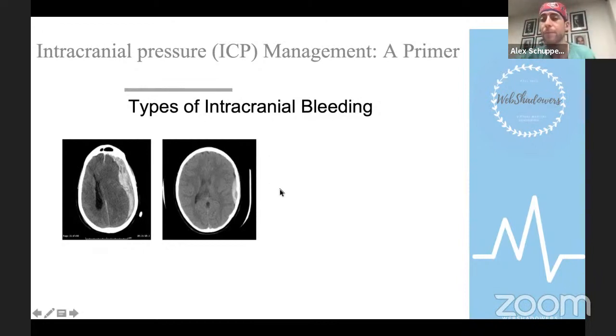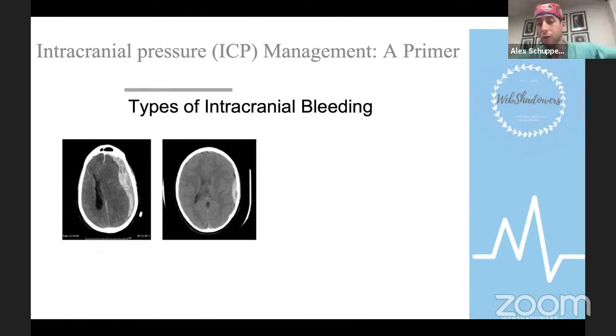So if you have an epidural hemorrhage, or epidural hematoma, you are above the dura, or the lining of the brain, the meningeal layer, the covering of the brain, if you will. So this bleed is on top of it. So it's in the space below the skull, below the bone, and above the dura, which will allow blood to flow until it gets to the suture, which the dura is up against.